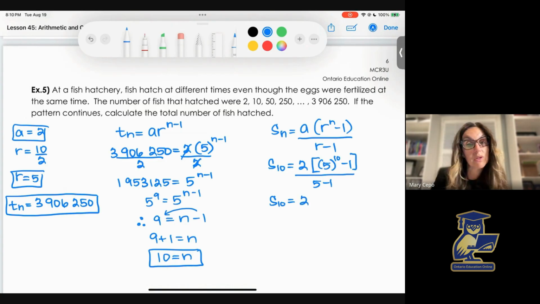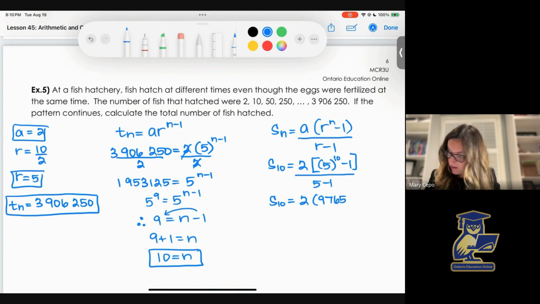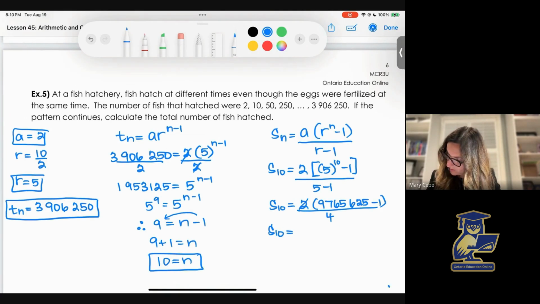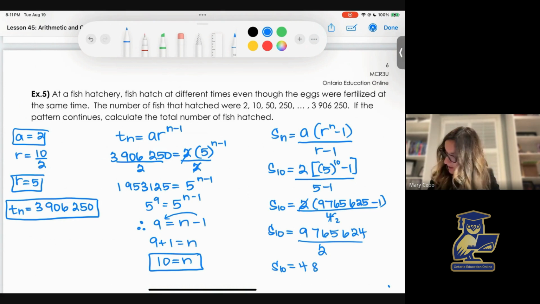Okay, again, I can't stress always following BEDMAS. 5 to the exponent of 10, which is 9,765,625 minus 1 all over 4. 2, that cancels out, so we're going to say 9,765,624. I'll divide that by 2, which is equal to 4,882,812.